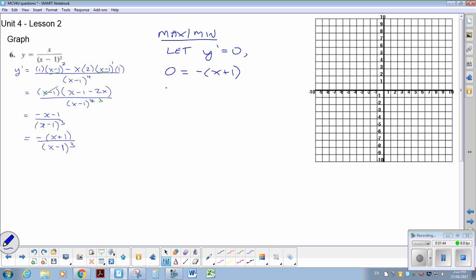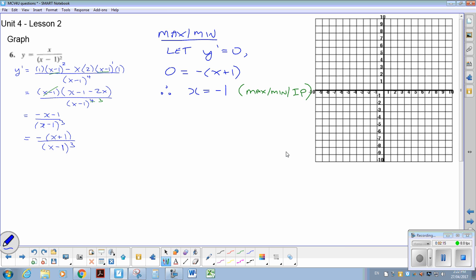So our max min is going to occur at negative 1. All right, so that could be an inflection point as well. First derivative will identify max mins, and second derivative will find inflection points. So at this point, I think I know that this is either max, min, or an IP. I'm going to see if I can logically figure out which it is from the information I collect.